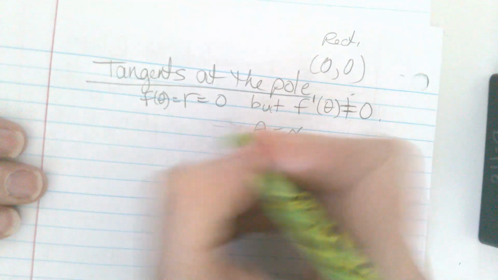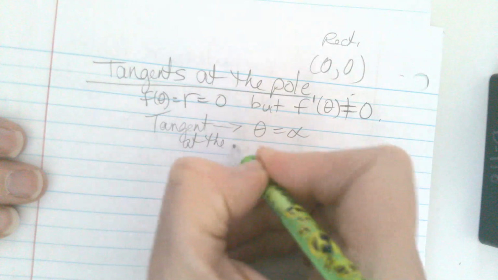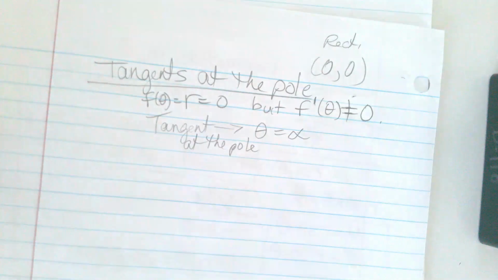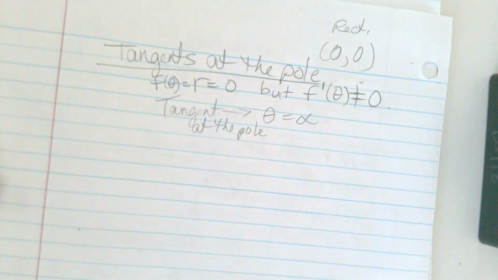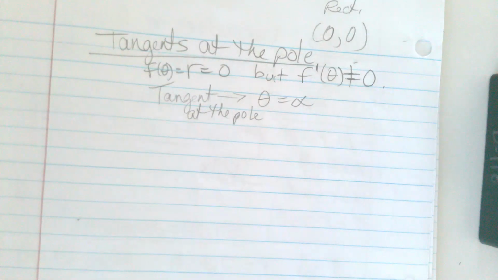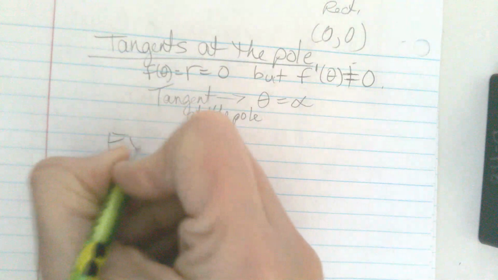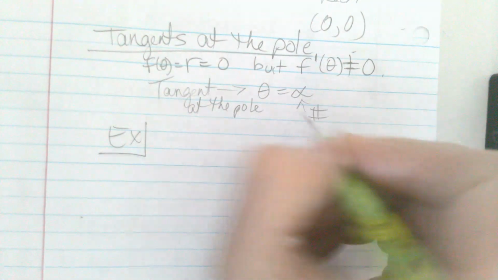This would be a tangent at the pole, right? It would just be an angled line, whatever that angle turned out to be. So let's do an example of finding a tangent at the pole. Theta equals alpha, that's just another number.